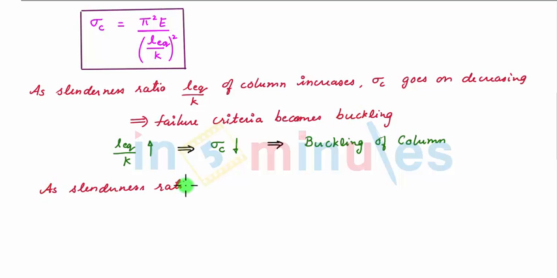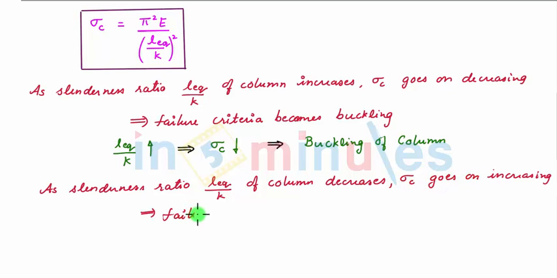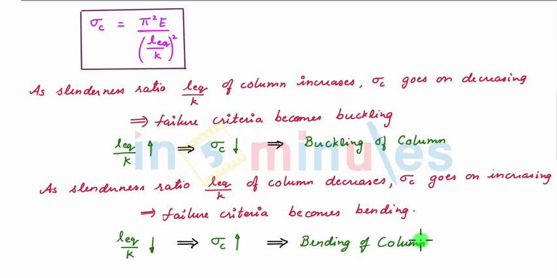Whereas as the slenderness ratio decreases, sigma c goes on increasing, and the failure criteria becomes bending, that is the critical bending stress. So if we summarize, it is this slenderness ratio which plays an important role in deciding whether the failure criteria will be buckling or bending.